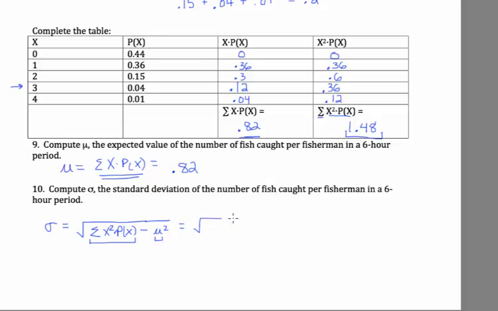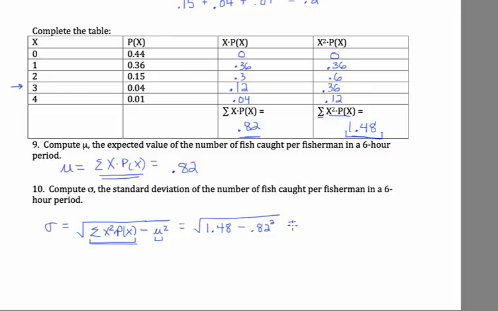I'll have the square root of 1.48 minus 0.82 squared. The 1.48 is the sum of the x squared px column. The mu comes from the mu that I just figured, 0.82 squared.